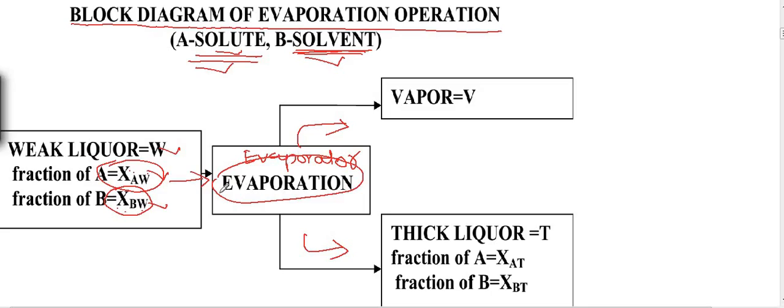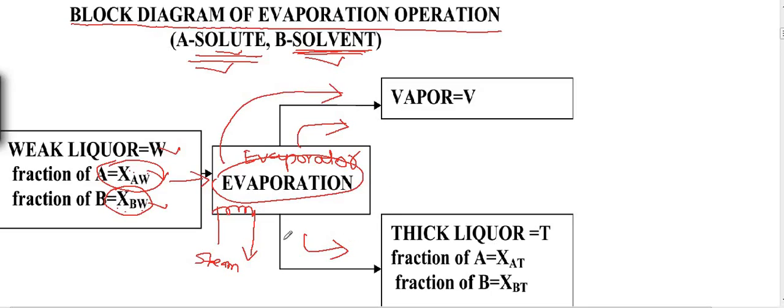In the evaporator, a certain part of the solvent present in the weak liquor is vaporized, and for this vaporization, steam is supplied to the evaporator. With the help of steam energy, a certain part of the solvent gets vaporized and is removed from the top of the evaporator.